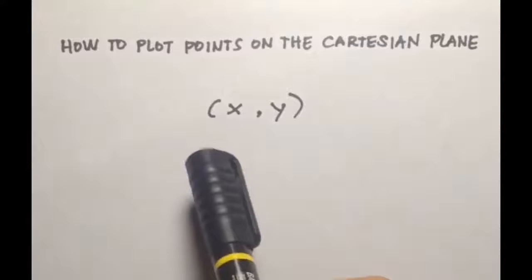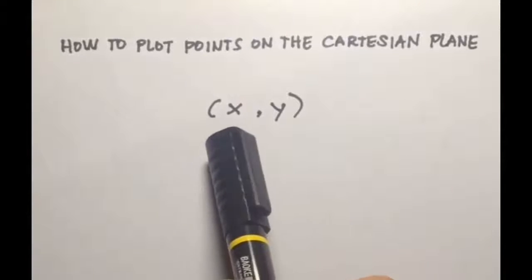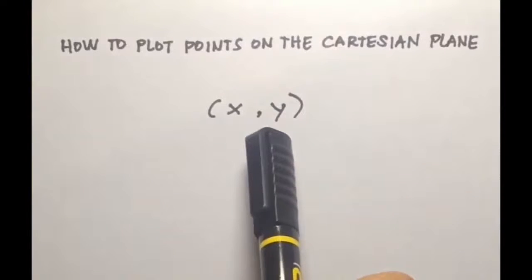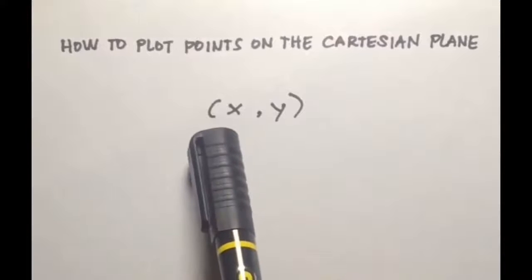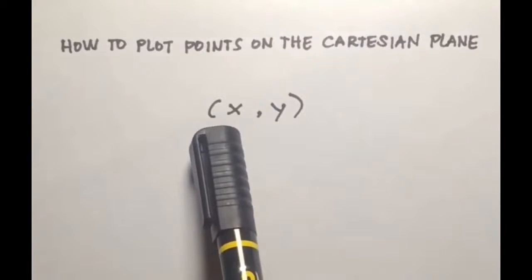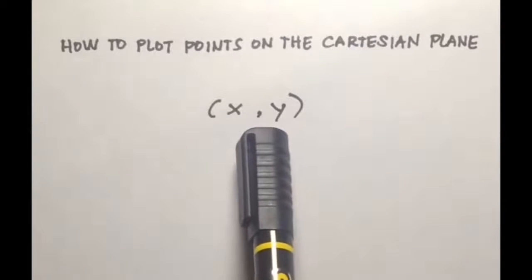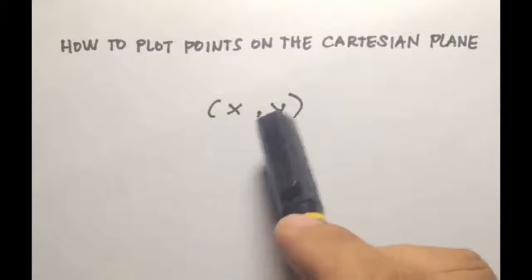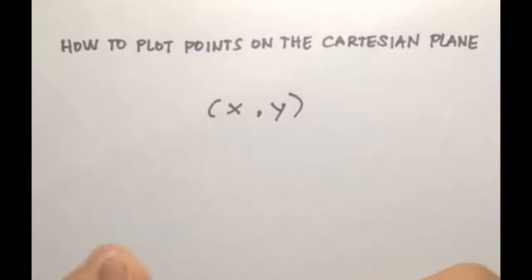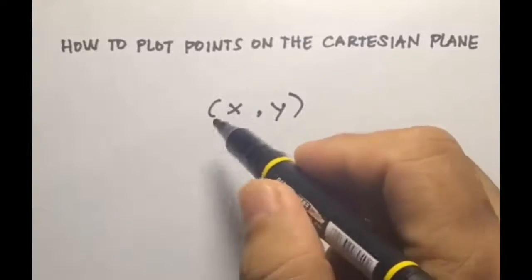So the ordered pair or the point is in the form x, y. This is the abscissa, the x, and the y coordinate is called the ordinate. Now if we're going to plot a point, what we're going to look at first is the abscissa.